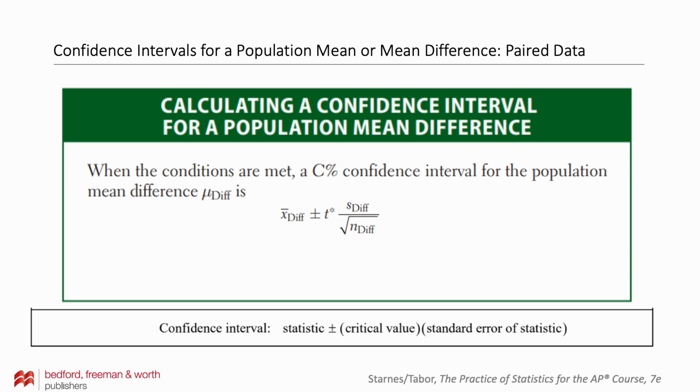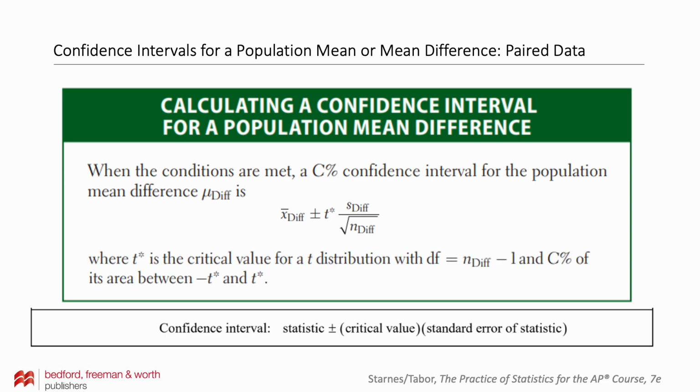So you have to give me the standard deviation of the difference divided by the square root of the sample size of the difference. To find the degrees of freedom, we're going to do the sample size of the difference minus 1.